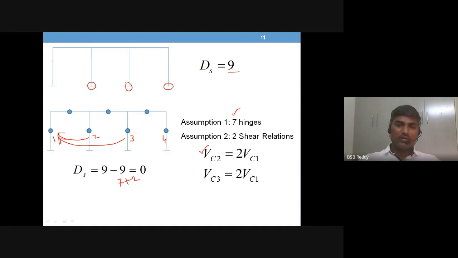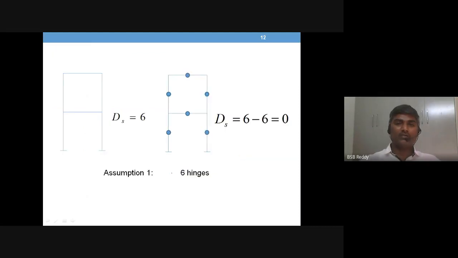Or you can relate column 2 with 4 and 3 with 4. Anything, both are same. Interior columns must be related to exterior column. That is how you are getting 2 more equations. So 7 plus 2, 9, minus 9, 0.